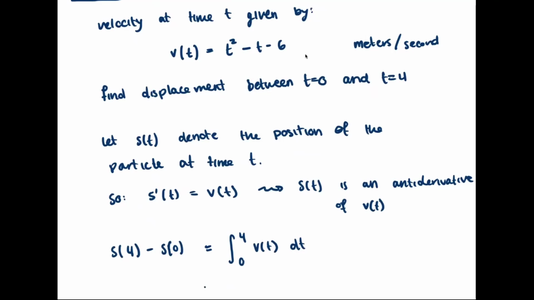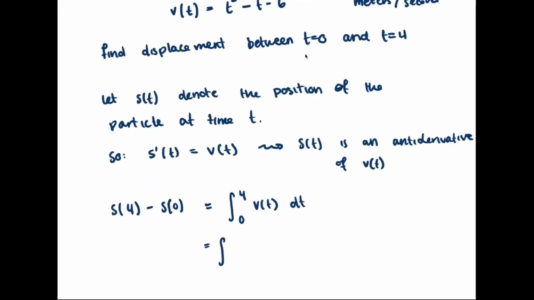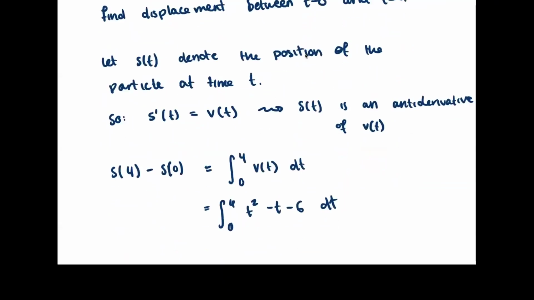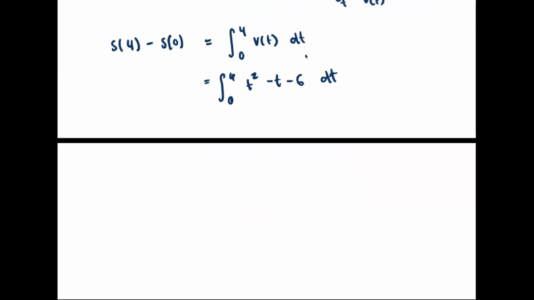So this is the integral from 0 to 4 of, I'm just plugging in V of t, t squared minus t minus 6 dt. And then this is going to be equal to, so I'm going to take the antiderivative now.